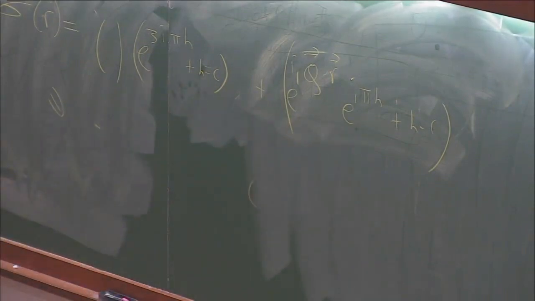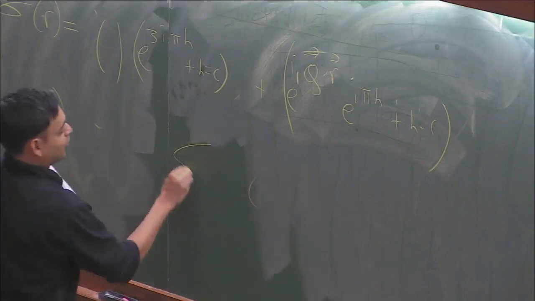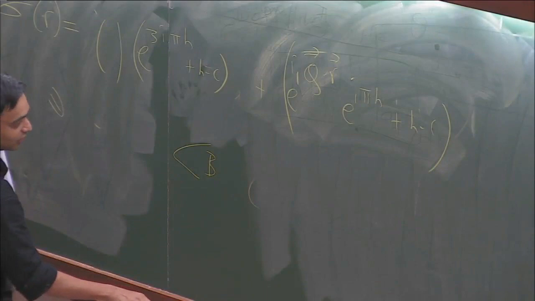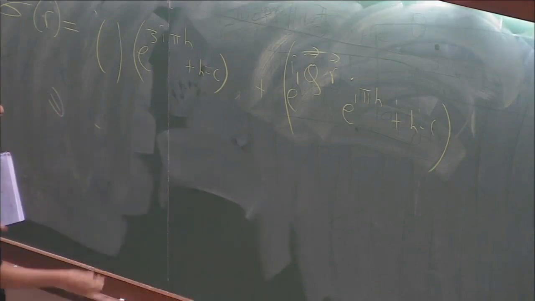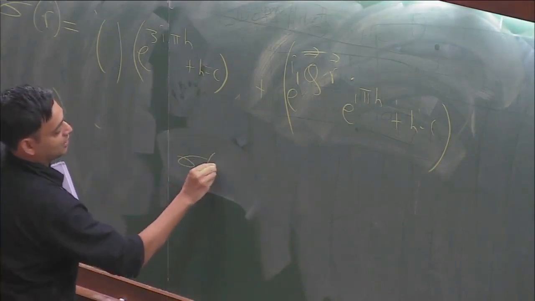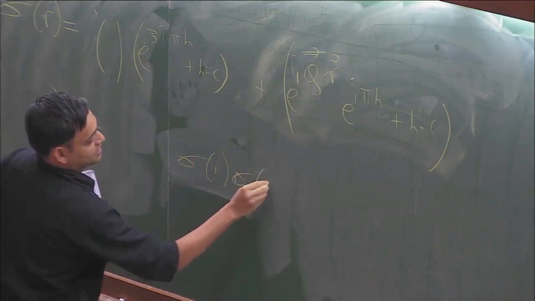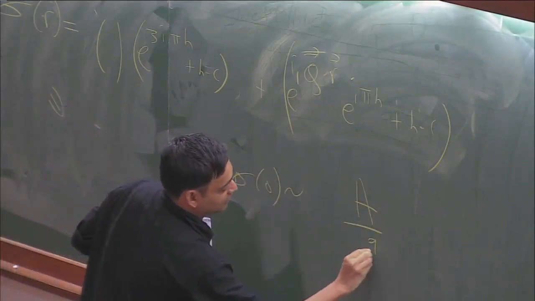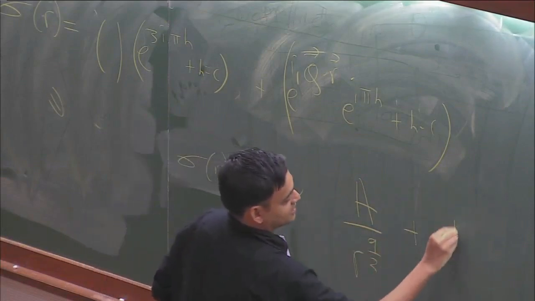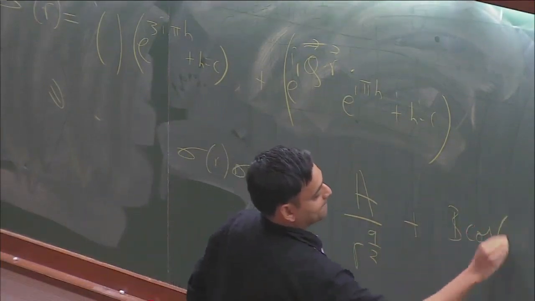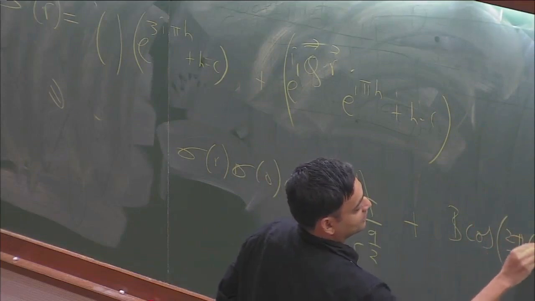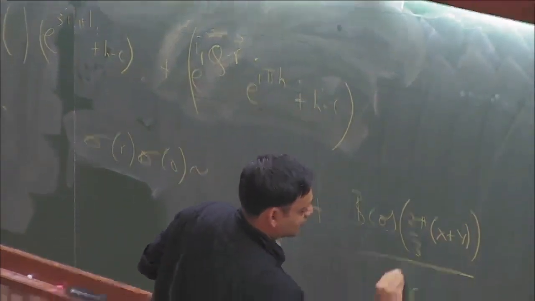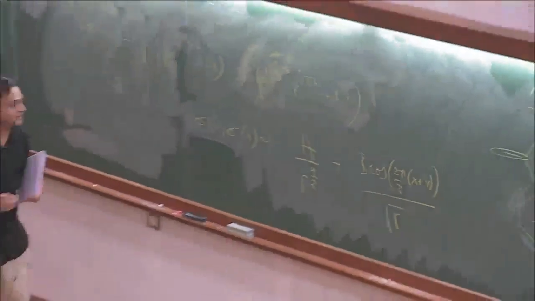And so one general statement is that, in the transverse field Ising model of interest that was solved, you know that sigma r sigma 0 goes as sum a by r to the 9/2 plus sum b cosine 2 pi by 3 x plus y by square root r. This is the exact result at zero temperature.